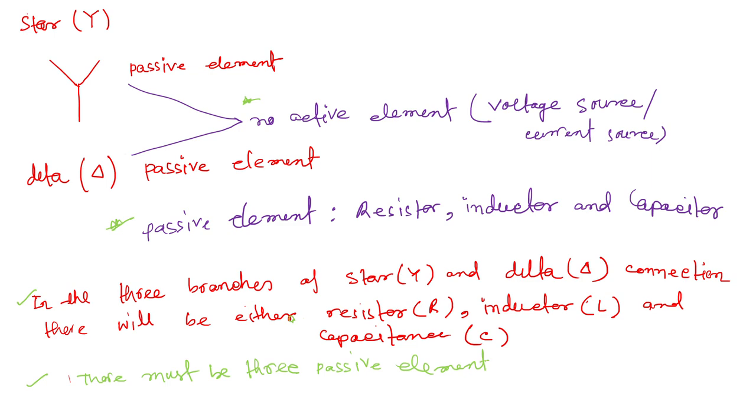Why? Because if we have two resistors, two resistors cannot be connected in either star or delta. Or suppose there are five resistors, we cannot connect them in either star or delta. Those can be connected in series or parallel. So it is important that there must be exactly three elements, not less or more, that can be connected in either star or delta.